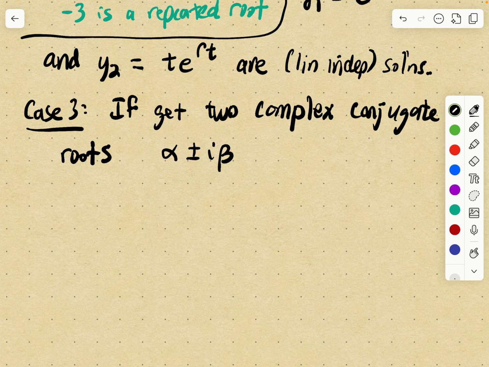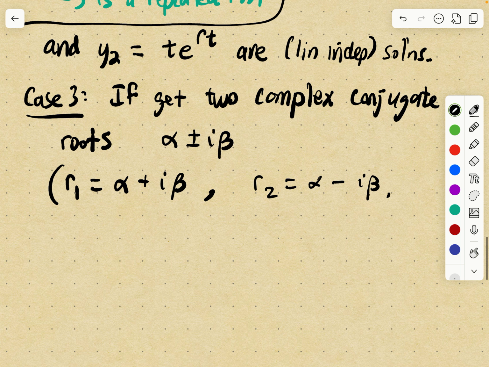So let's just call them r1 and r2. It doesn't matter which one is r1 and which one's r2. Let's say that r1 is alpha plus i beta and r2 is alpha minus i beta. We actually won't use that, but these are the complex conjugate roots.